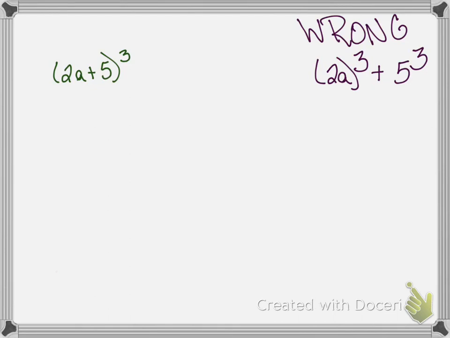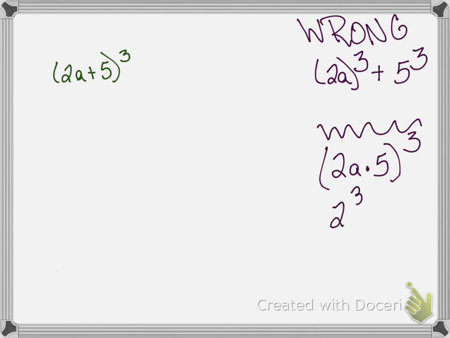And the reason that students remember it this way is because if I had 2a times 5 raised to the third power, then I would give that 3 to everything. I would have 2 cubed, a cubed, and 5 cubed. But look right here. What is that operation compared to this operation? Good. This is addition.